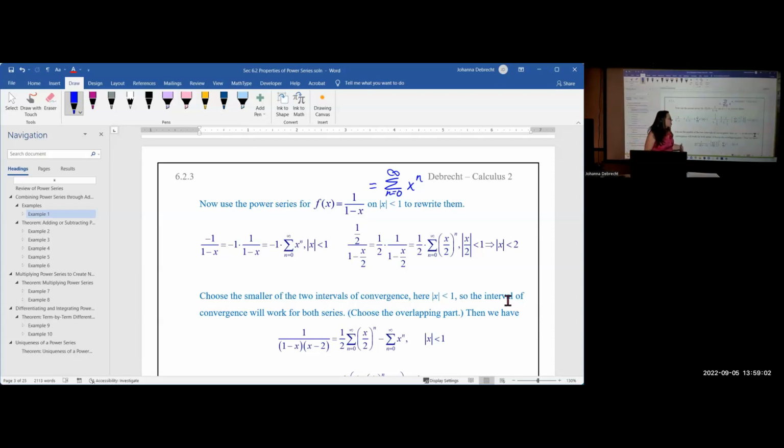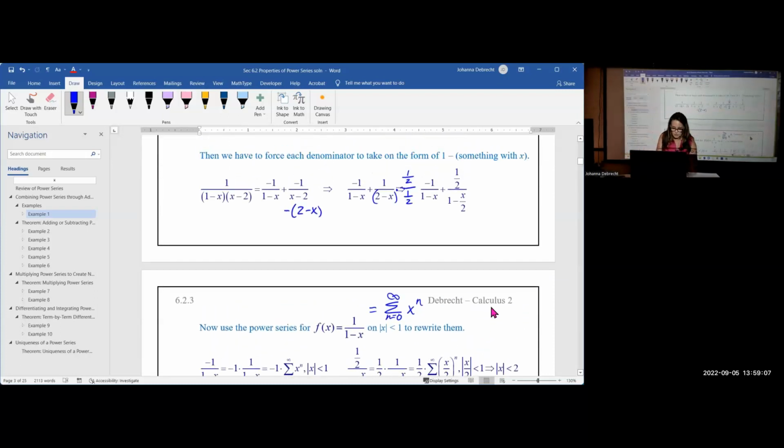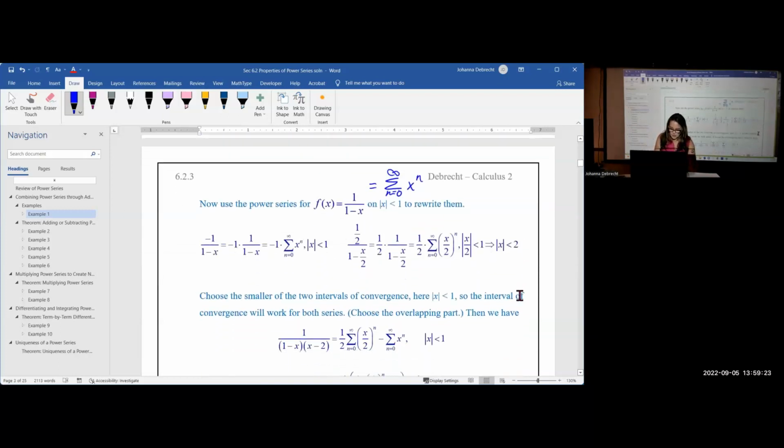Now let's look at the second term that came from the original rational function here. So we just dealt with that term and represented it with a new power series. And now we want to take this term, we want to do the same thing, represent it with a new power series. So when we represent the second one, we need to pull the 1/2 to the front, and that gives us 1 over 1 minus something with x. So 1/2 remains a constant coefficient.